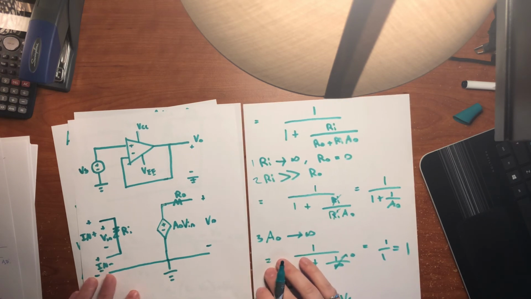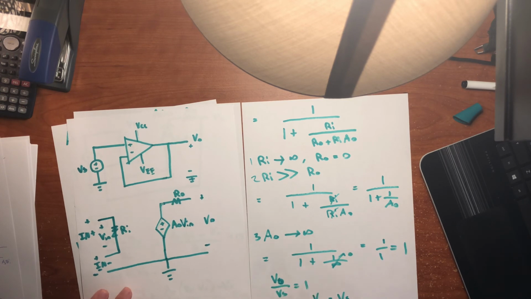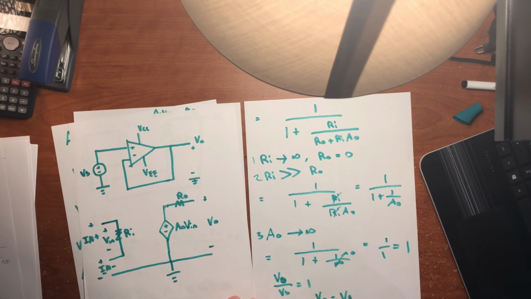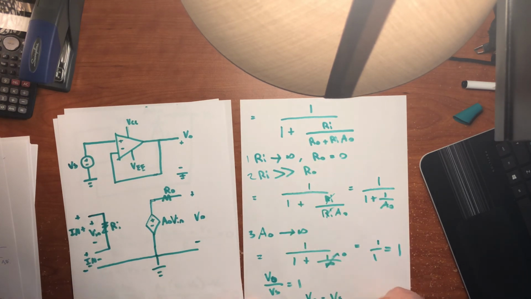So the unity just means 1. And if we look at the gain, since the gain is 1, V naught equals Vs. So the output equals the input. So if we assume these conditions, that's what this circuit intends to do. It intends to have a gain of 1.